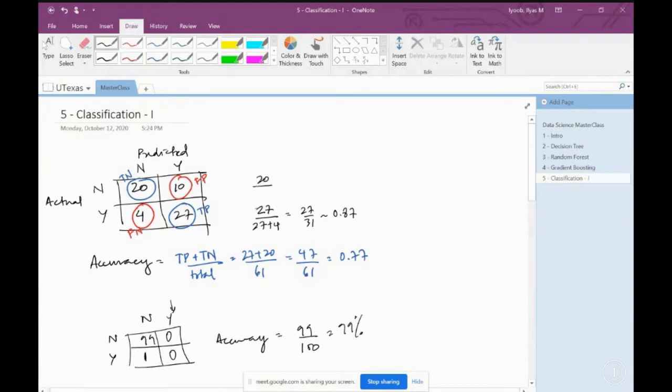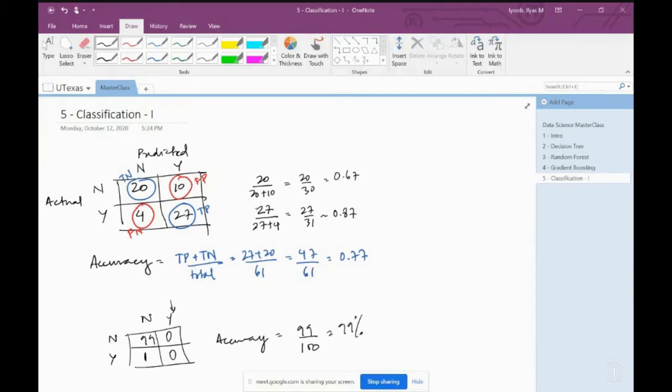That is 20 over 20 plus 10, which is 20 over 30, which is 0.67. Okay. So now it would be nice to make sure that these values are high, right? But let's look at the false positive rate.